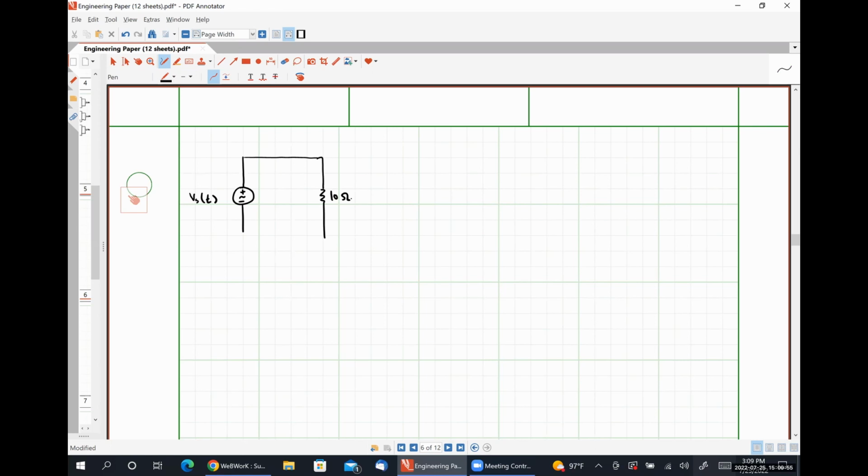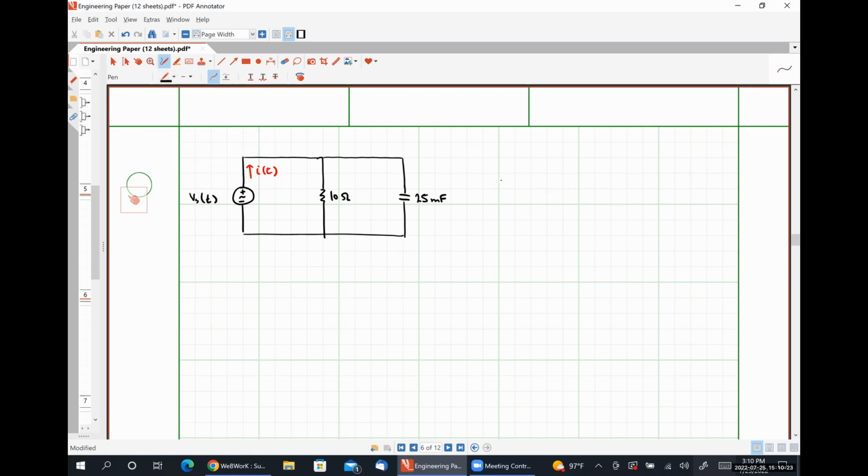Here's our 10 ohm resistor. Here's our 25 millifarad capacitor. Here's our quantity I of t we are trying to find.